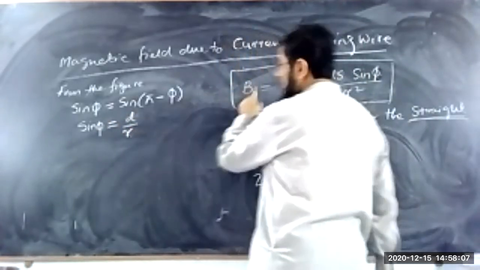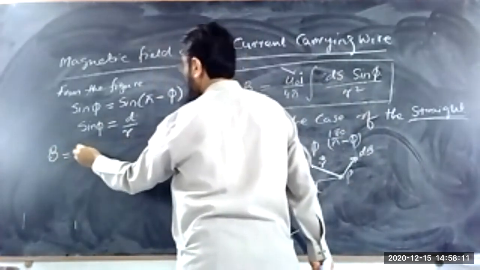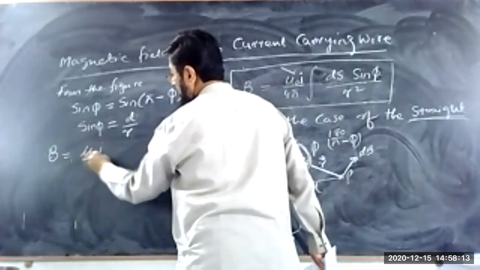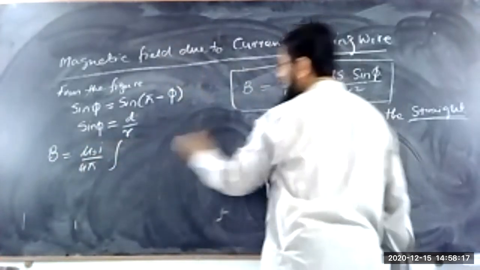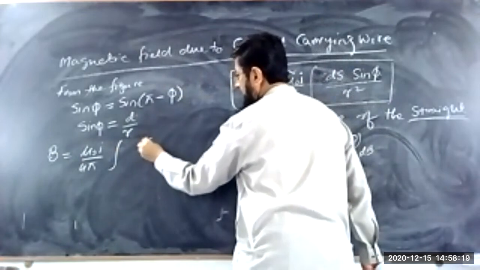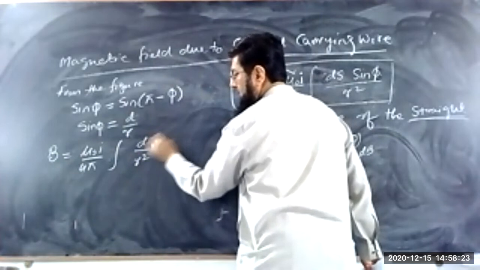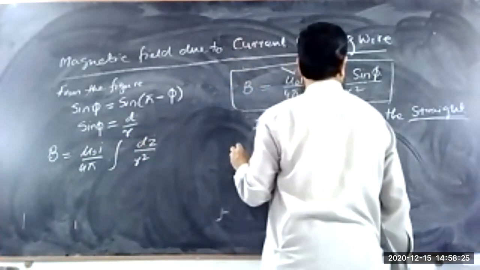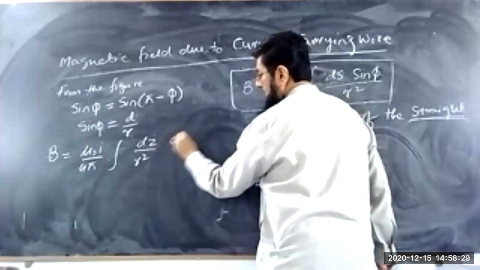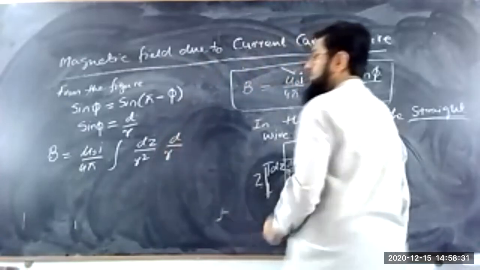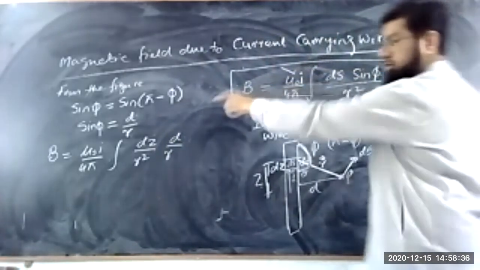Therefore, the equation is B equal to mu naught I over 4 pi integral ds upon r square. ds may be written as dz, because it is along the z axis, times d upon r, because sine theta is equal to d upon r.